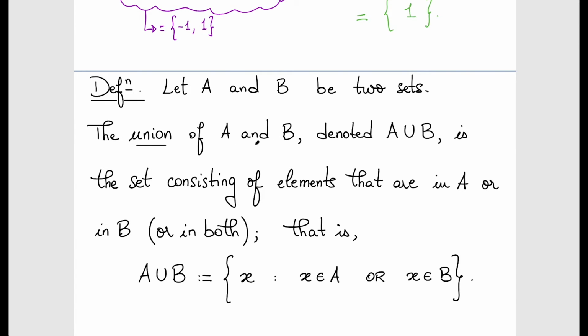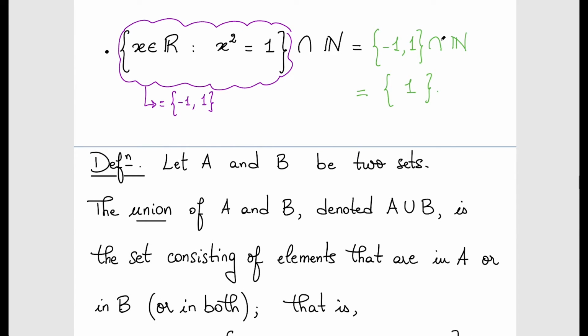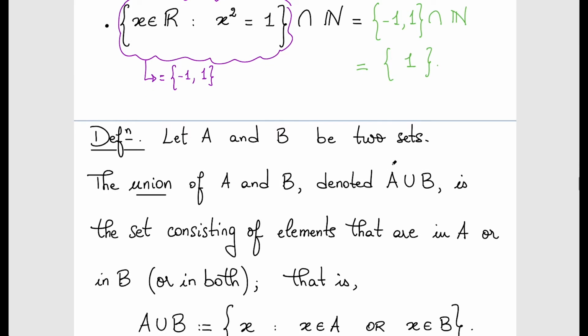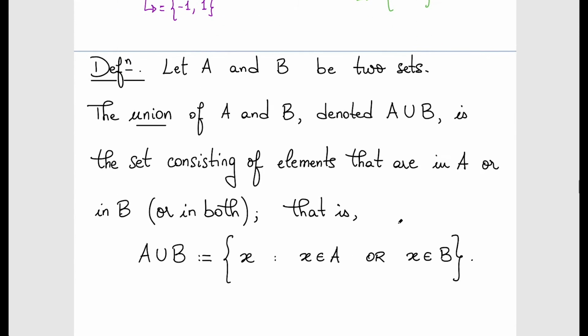The union of A and B, denoted by this symbol, it's a reversed intersection, right? This looks like a cup. So that operation means union. So the union between two sets, and what is it?